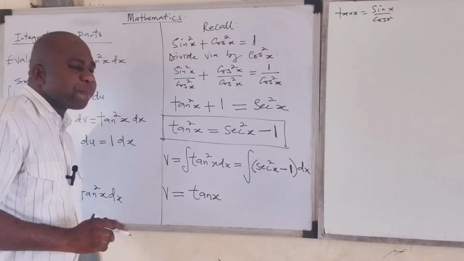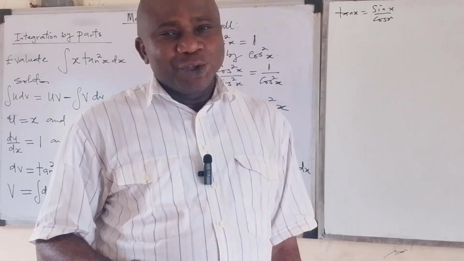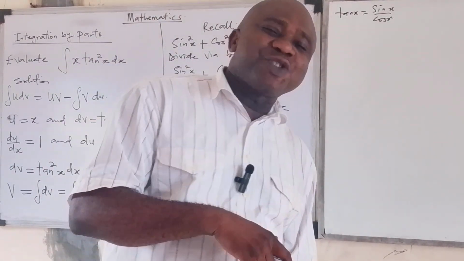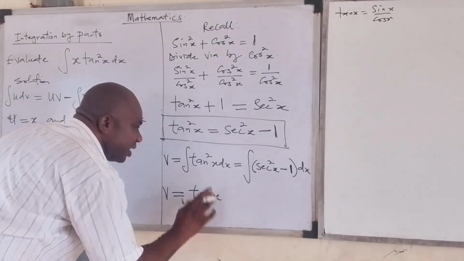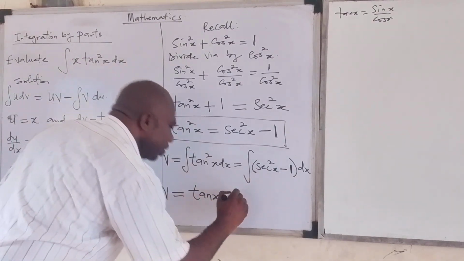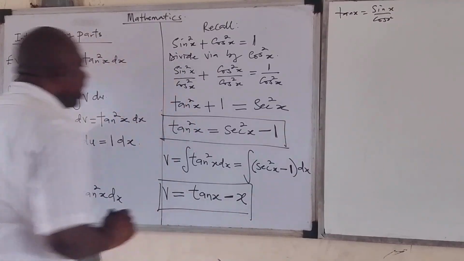Remember, integration is the reverse of differentiation, so when you differentiate tan x, it gives sec squared x. And when you integrate 1, it gives x. So v equals tan x minus x. Yes, this is our v.